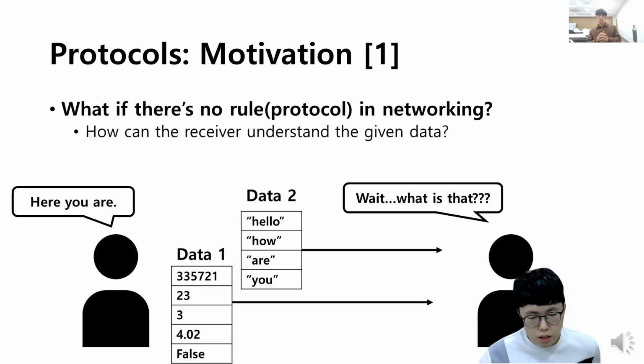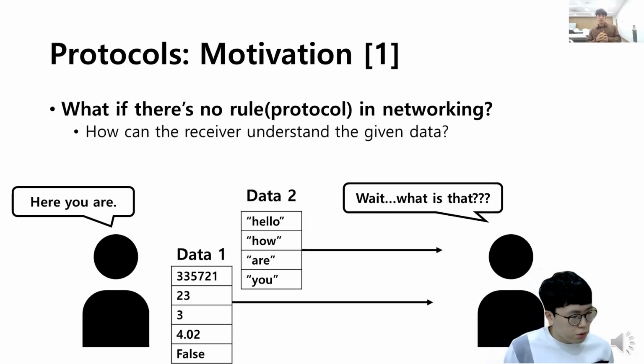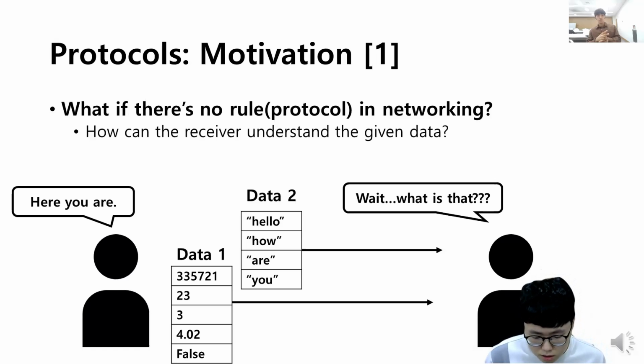First, protocol is a rule for network communication. Look at the data too. There are a few pieces of words: Hello, how are you? If we don't have any rule, we don't know whether to read from up to down or from down to up.